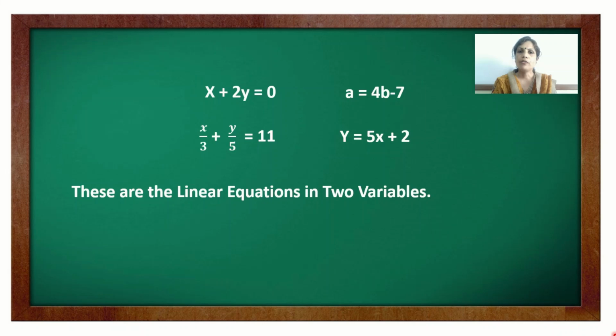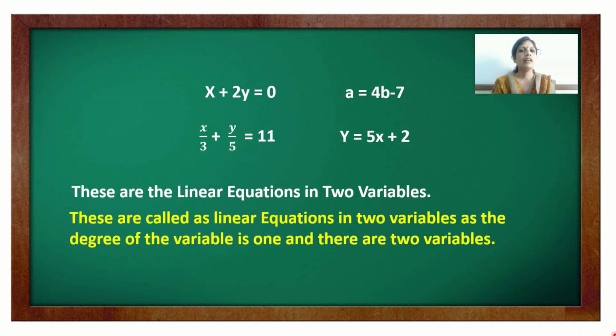Now I want all of you to think about why we are saying linear. These are called linear equations in two variables because the degree of the variable in every equation is 1, and we have made use of two variables in every equation.